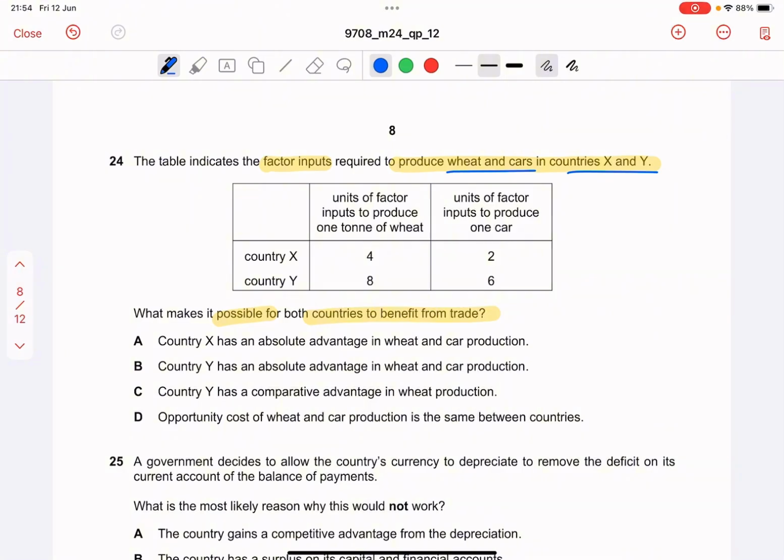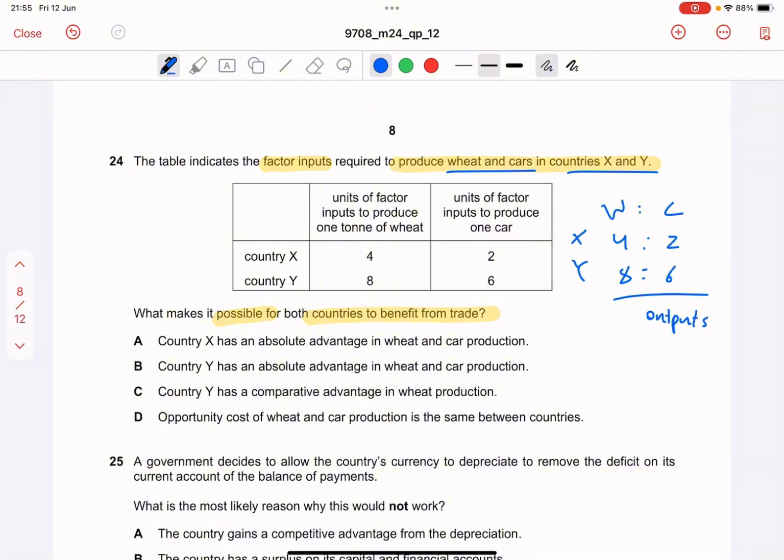So immediately, we'll just do country X, country Y, and then opportunity costs for wheat and a car. And what you'll mainly do is take the maximum units of wheat and car, and then break them down and get the ratios. But no, actually, you can only do that immediately if they've given you the outputs directly.